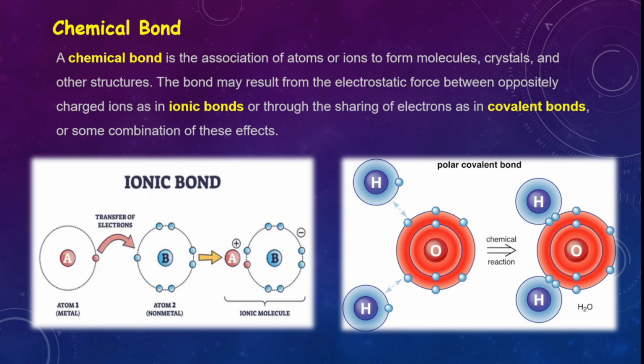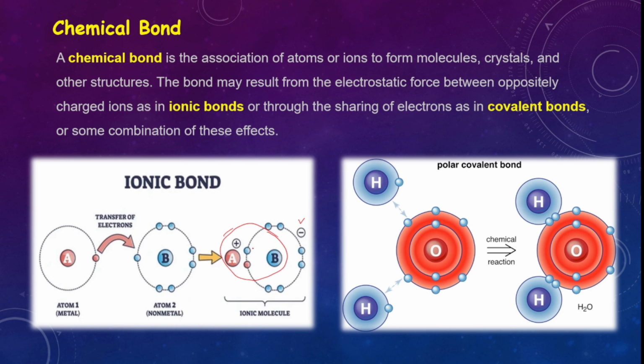First way: one of the elements may lose electrons and the other element may gain electrons. The atom which loses electrons will have a positive charge, and the atom which gains electrons will have a negative charge, and both of them will join together to form a new compound.